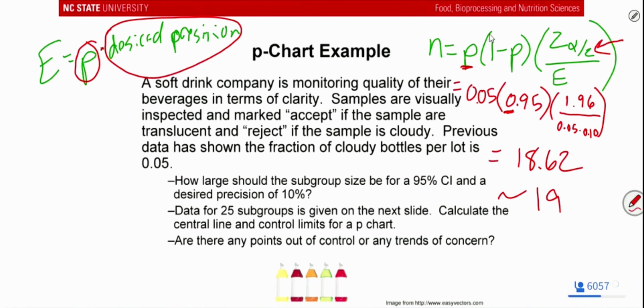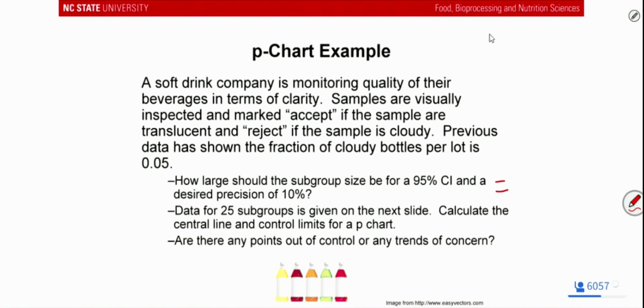So if you wanted a 99% confidence interval, z is actually 3 or something like that. So you would need more samples. So depending on how risky your operation is, how risky a faulty attribute would be, take more samples. Okay. So we just answered this one, 19. And next, we're going to calculate the central line.